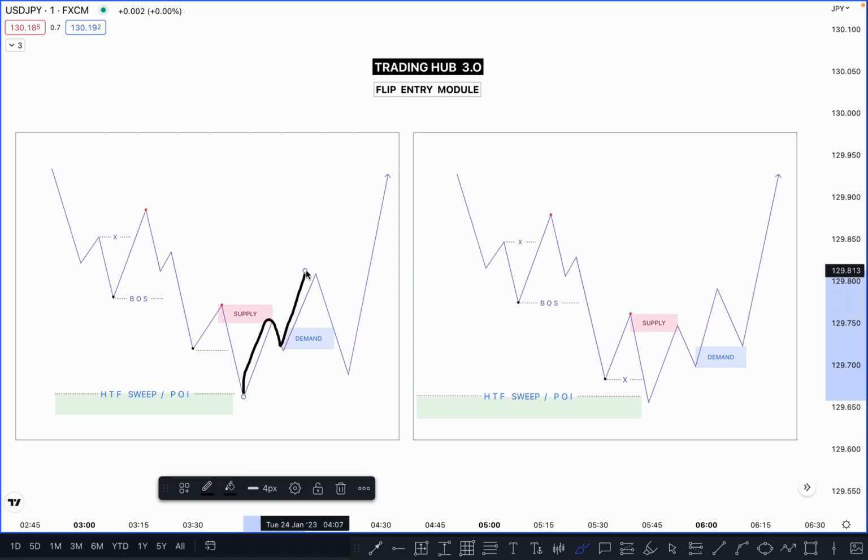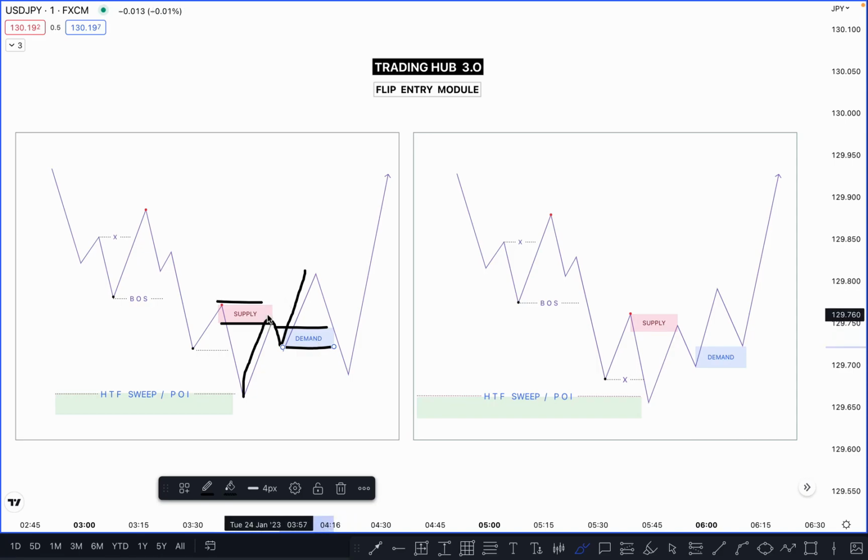This process is called a flip entry. It means it taps on your supply zone and creates a demand zone, because when the market breaks to the upside and then creates a valid order block at this point, this process is called flip, okay? It means supply converts into demand, and you can say S2D, supply to demand, right? So this is the process to identify a flip.